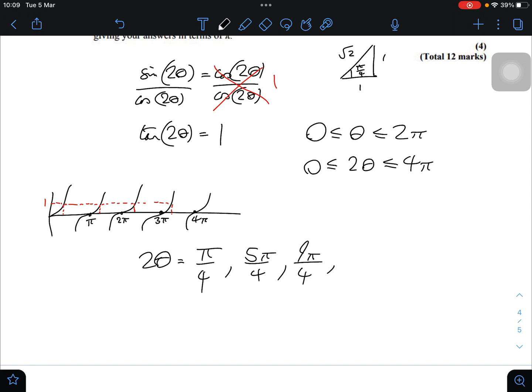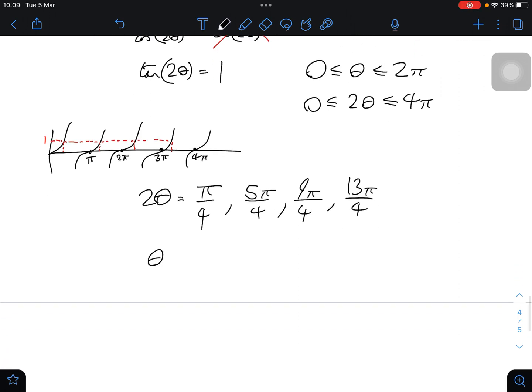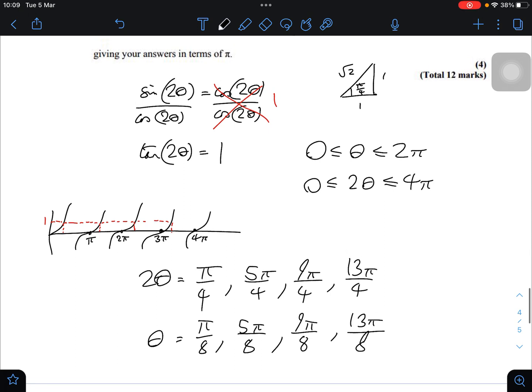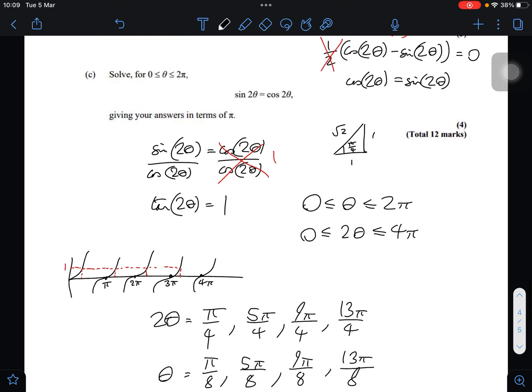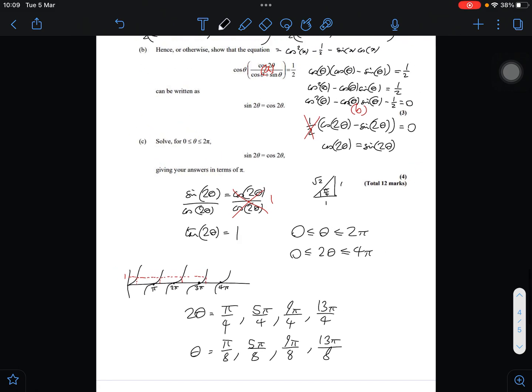The one after that would be 9 pi over 4 plus pi, which is 13 pi over 4. And then if you divide this all by 2, we would get pi over 8, 5 pi over 8, 9 pi over 8, and 13 pi over 8. And so that's all your solutions there for tan 2 theta equal to 1 between 0 and 2 pi.